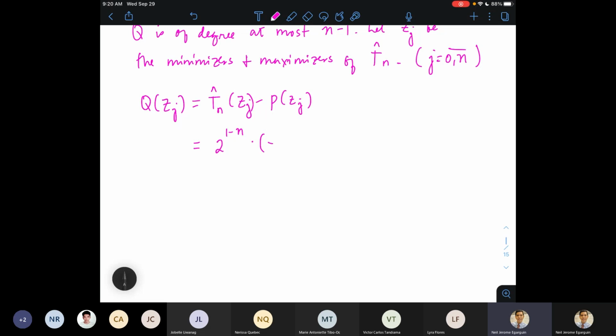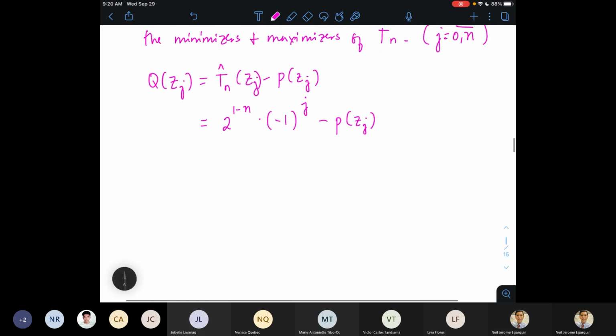So actually, this will be negative 1 to the power j. The j determines its sign, whether it is positive or negative. Minus P of ζ_j. So, yeah, that would be Q of ζ_j.